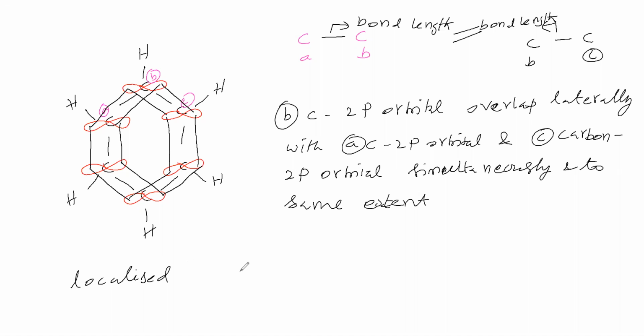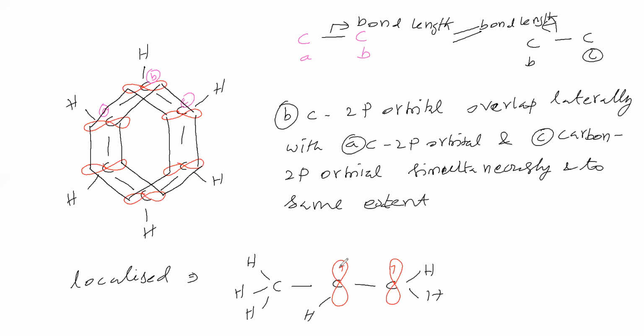Now I will take one compound, this compound. Here 3 hydrogen atoms are present. This is one carbon, it is having one hydrogen. This is one carbon, it is having two hydrogens. This carbon is having one 2p orbital with an unpaired electron. This carbon is also having one 2p orbital with an unpaired electron.